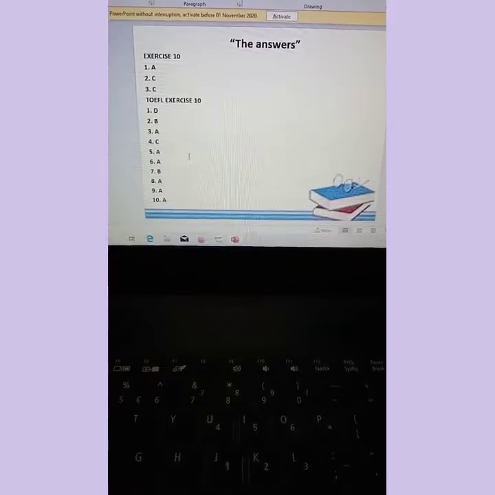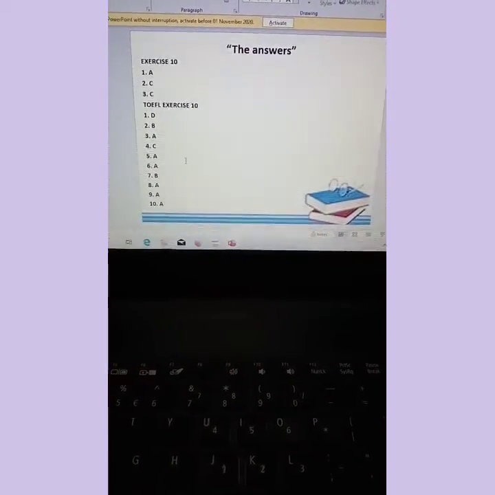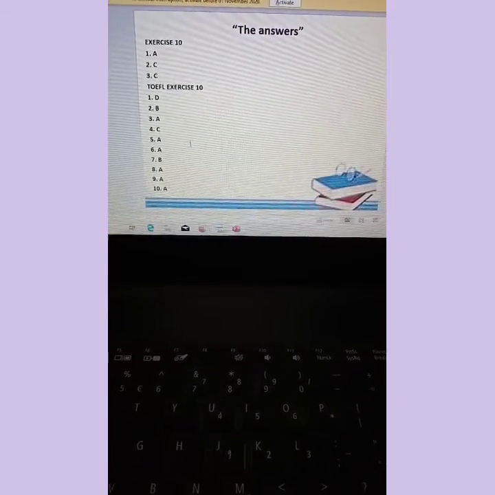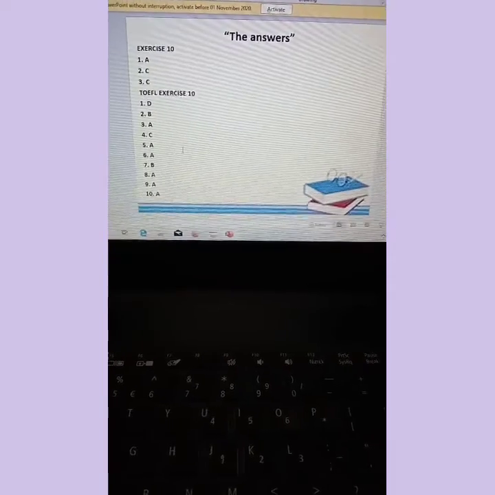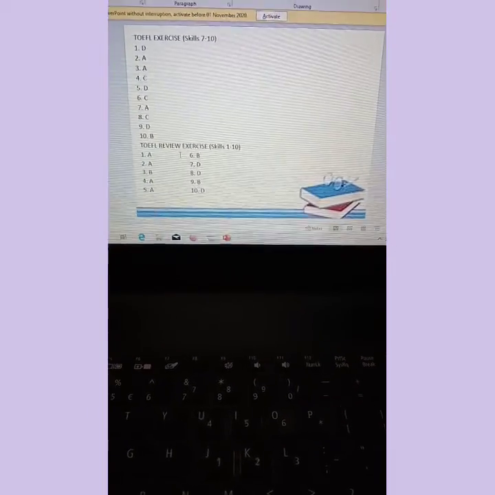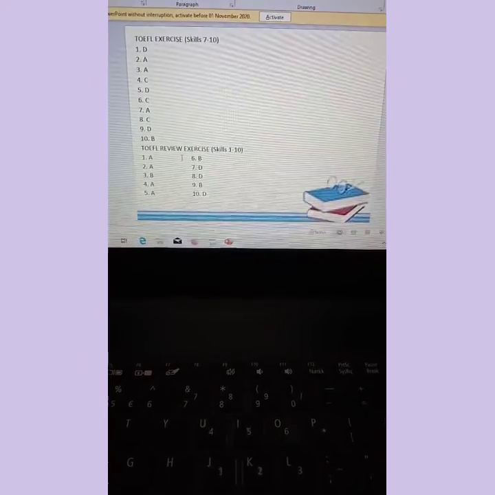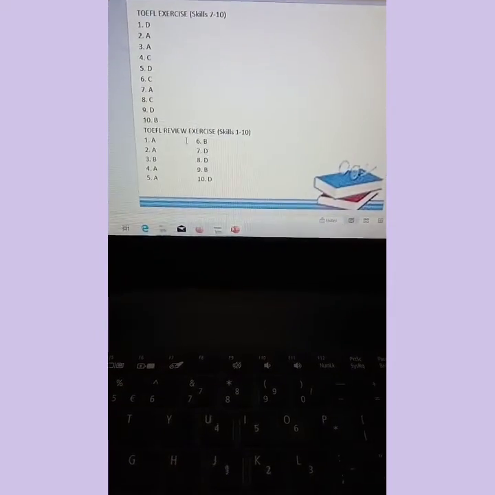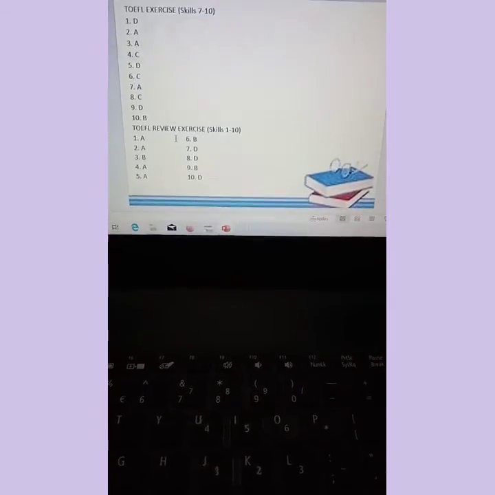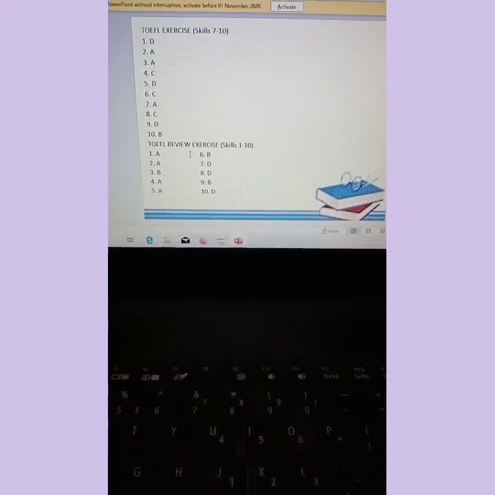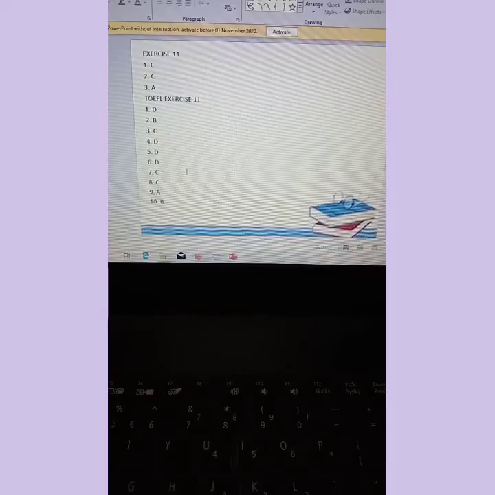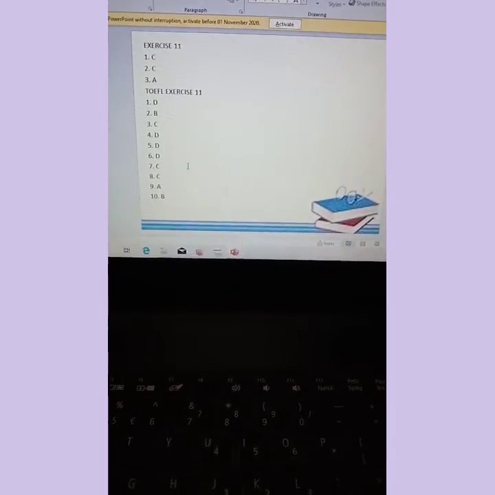This is the answer of exercise 10, TOEFL exercise 10, and TOEFL exercise skill 7 to 10, and TOEFL review exercise skills 1 to 10. You can see the last one, exercise 11, and TOEFL exercise 11.